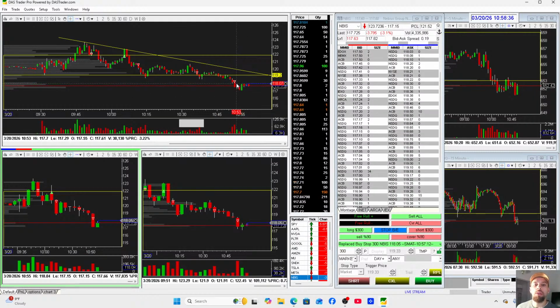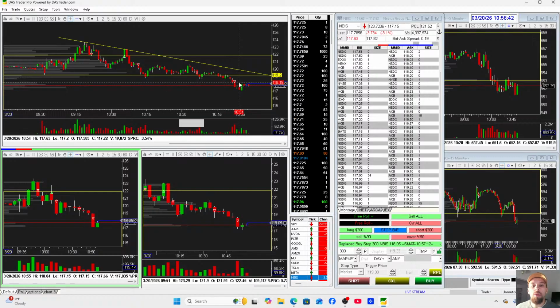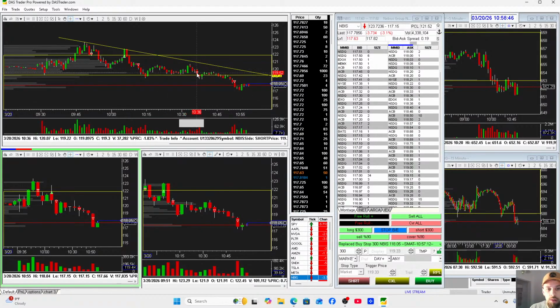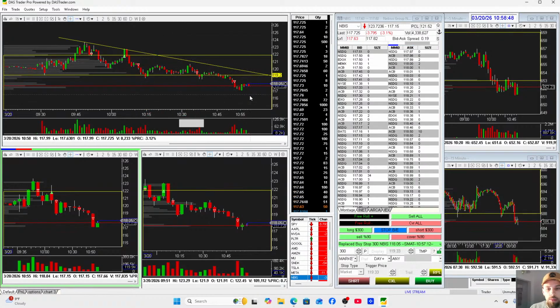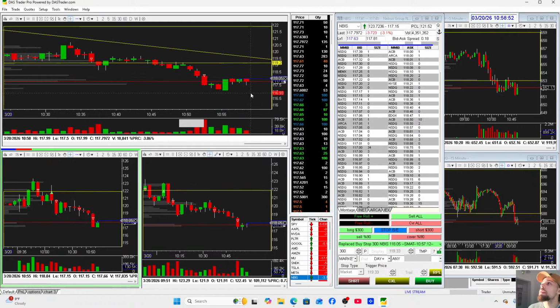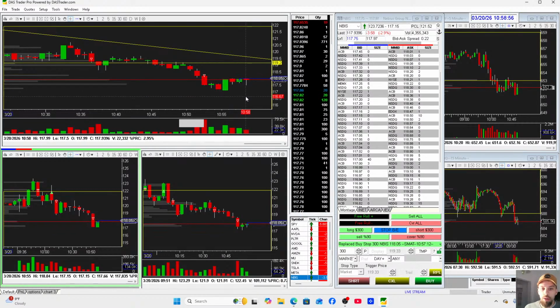Again, this add was a good add. Another potentially better add, of course, would have been about 40 cents higher, 50 cents higher. Same with this other add that I did. So just gotta do a review here. Seems to be some decent liquidity going on. We're gonna get filled.